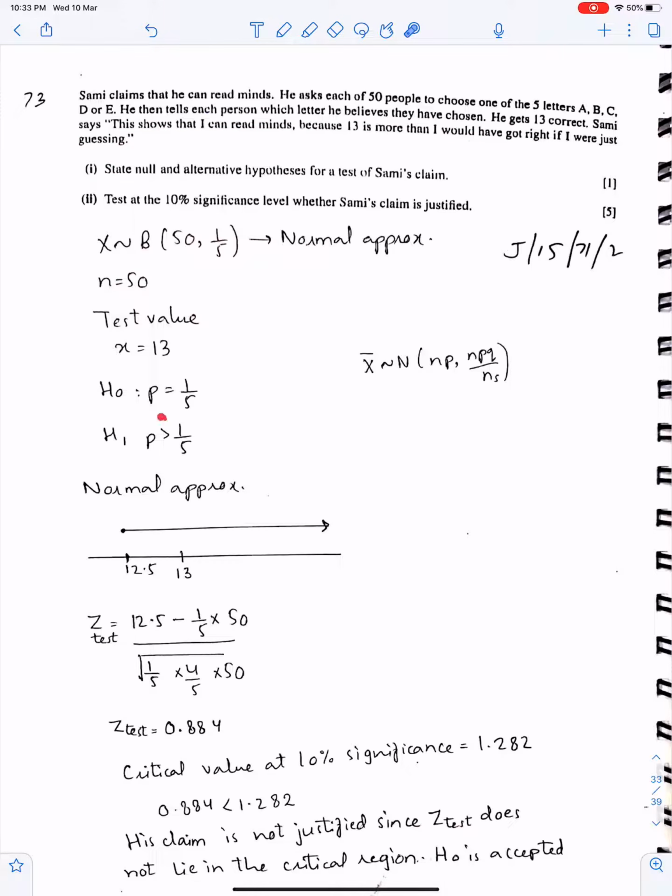So this has a greater than sign. This is his claim. Null and alternative hypotheses are here. Significance 10%. You have to do continuity correction. This value is always inclusive. So after continuity correction, this will become 12.5. Z-test is 12.5, np, npq. Now you need to compare this number with this number. This is for your conceptual clarity.